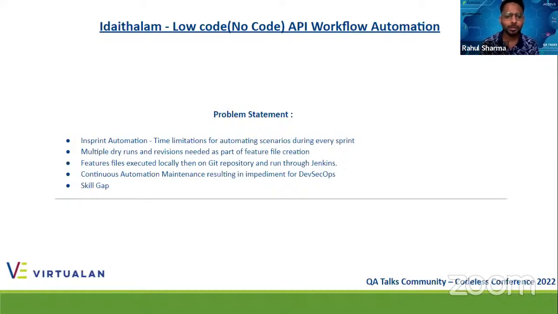The second problem statement was multiple dry runs. When we perform API test automation using the different frameworks available in the market, we first have to create a framework, and a very good framework, where we have to configure different things.